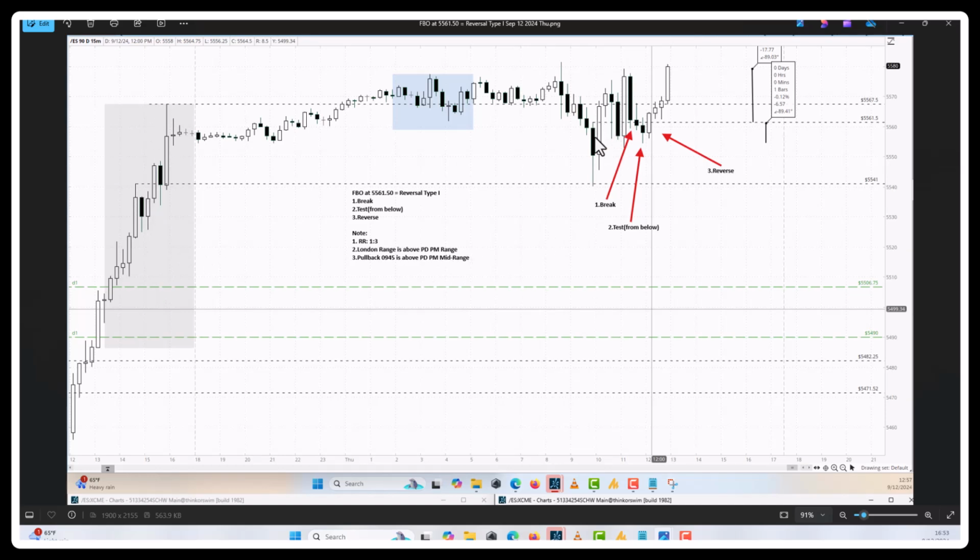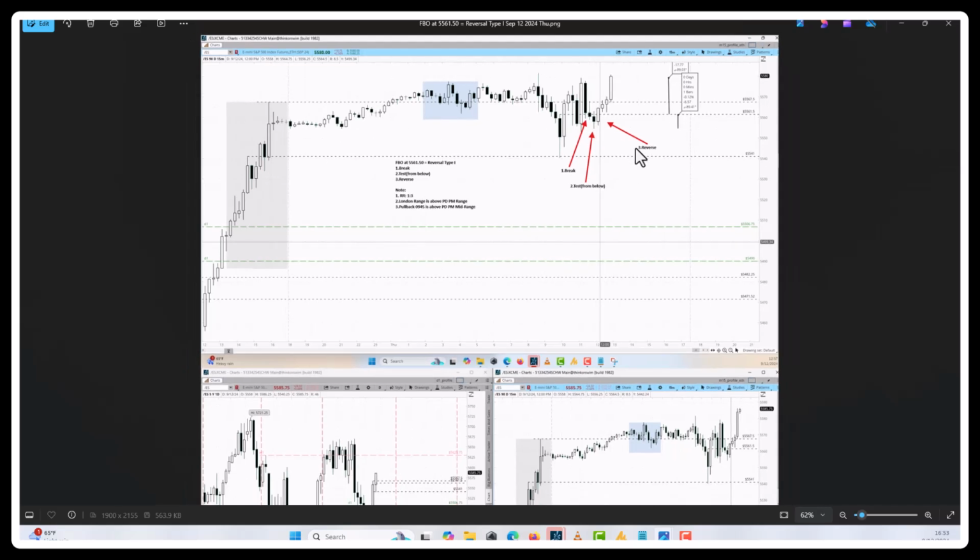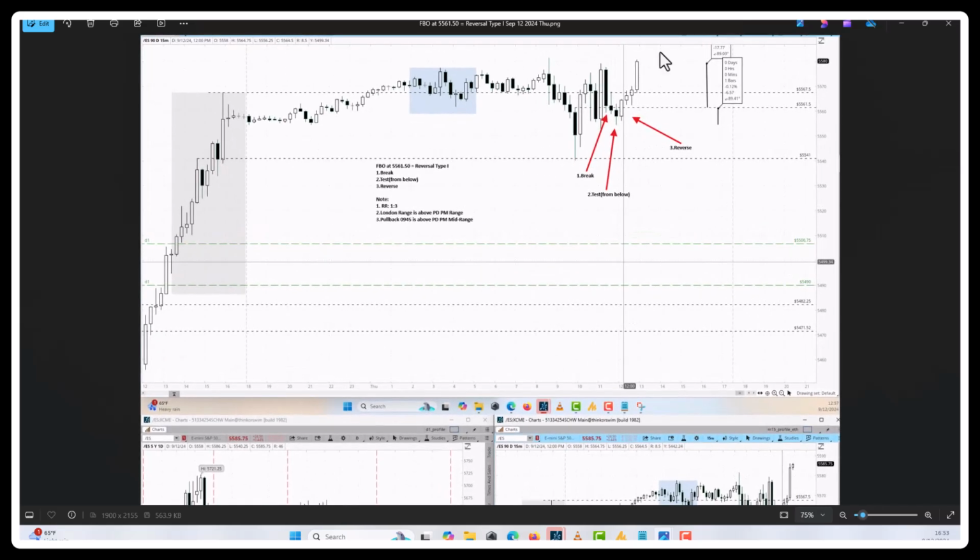So it gives a signal that the pullback will not be reversed from here, but it's going to make a second leg up. There's a pullback right here, and then it makes a second leg up.